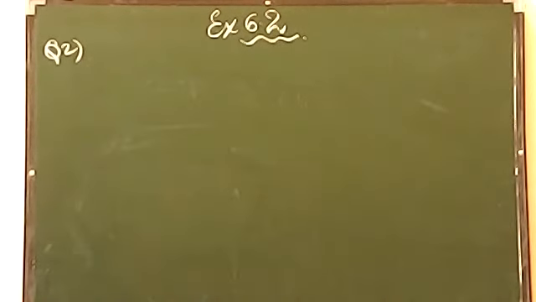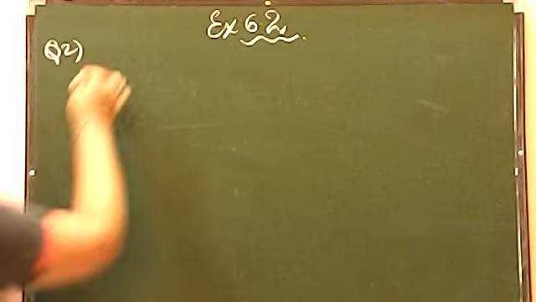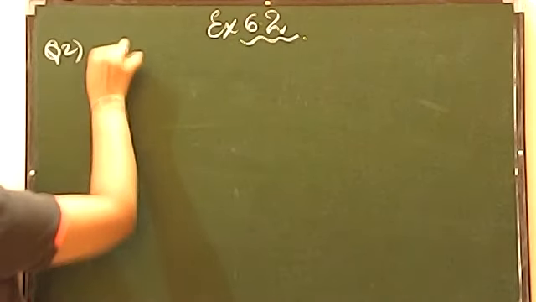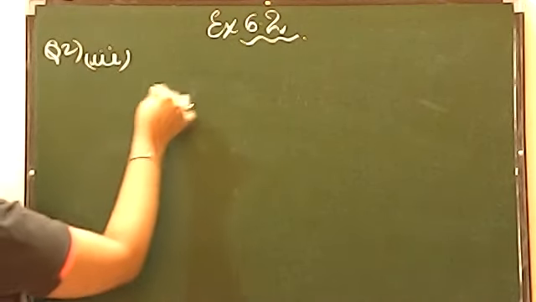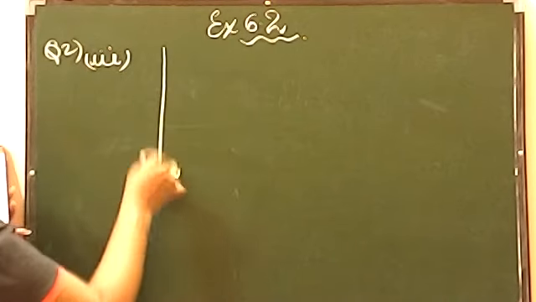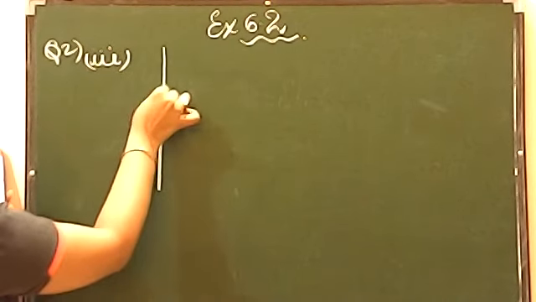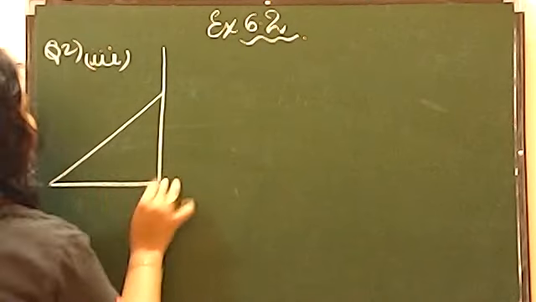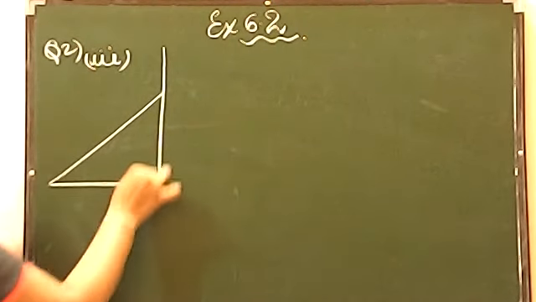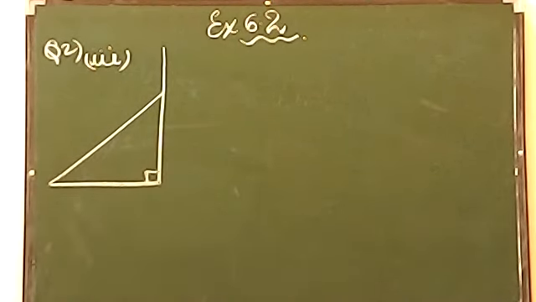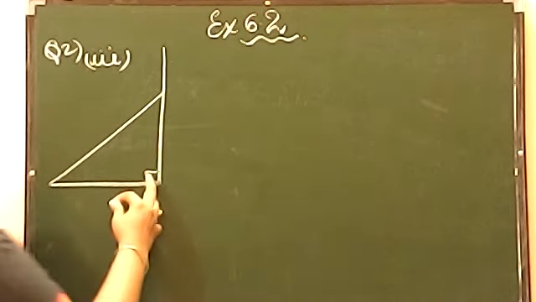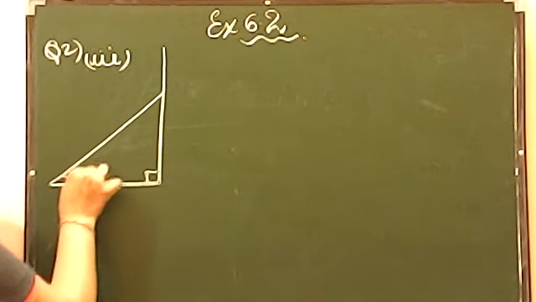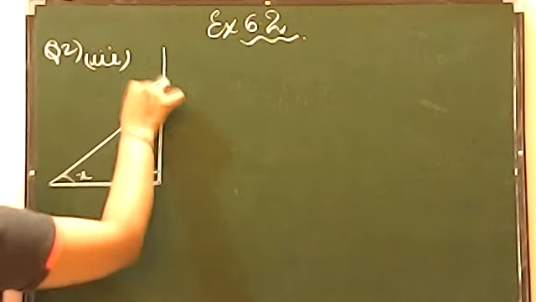Is it? So I'm telling you now, question number second wala third. Okay. So that means if suppose you can see the figure is made like this. This is a right angle triangle because you can see this is marked as right angle in the figure. Okay. So this is right angle, students, and this is written here x and this is 125.